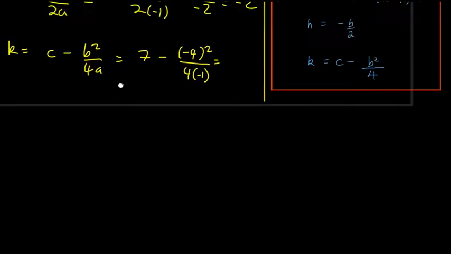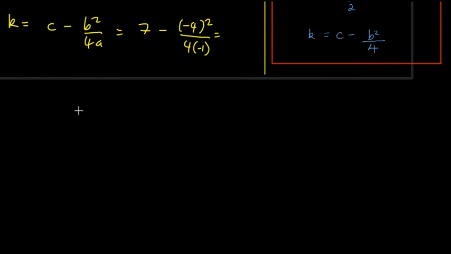Okay, let me just scroll. Oh sorry, so k is equal to 7, and of course minus and minus becomes plus, 16 over 4. 4 squared is 16, so 7 plus 4, which goes to 11.